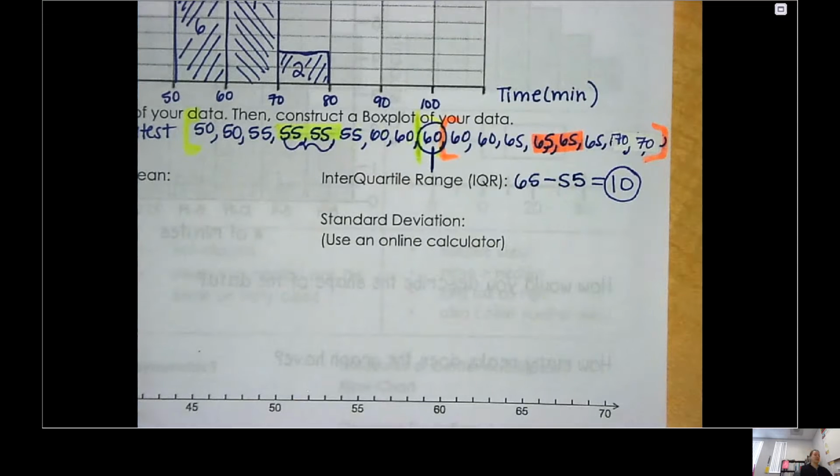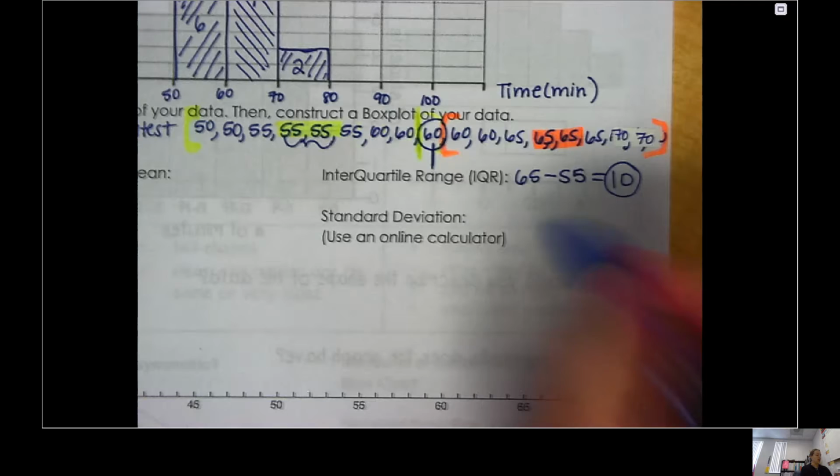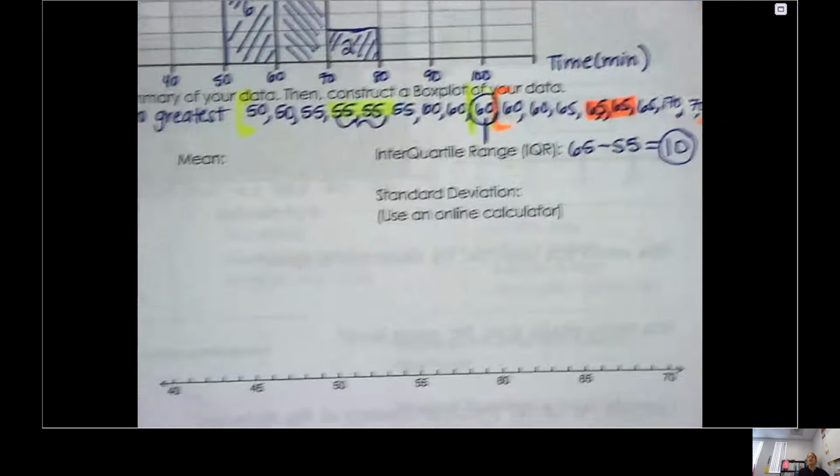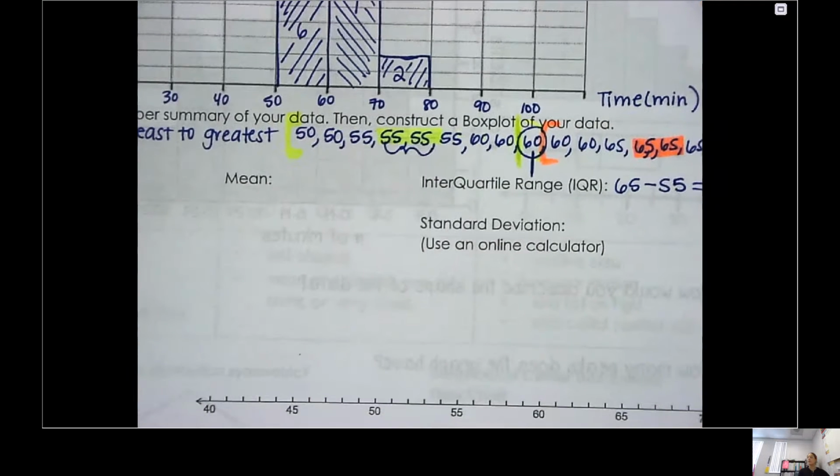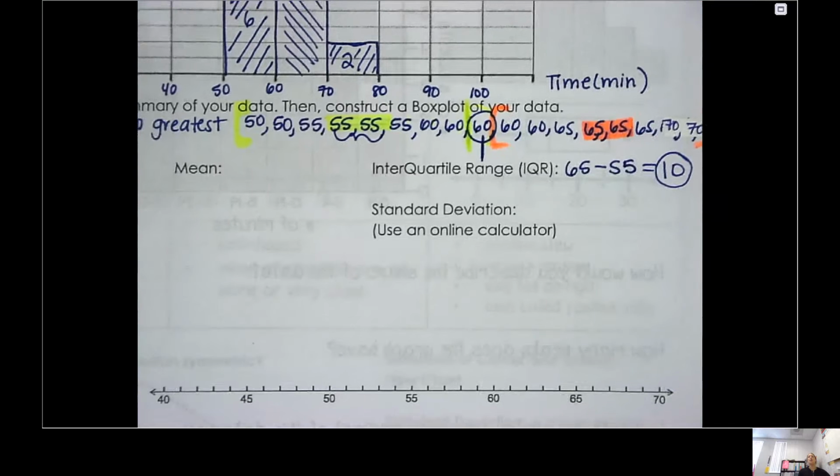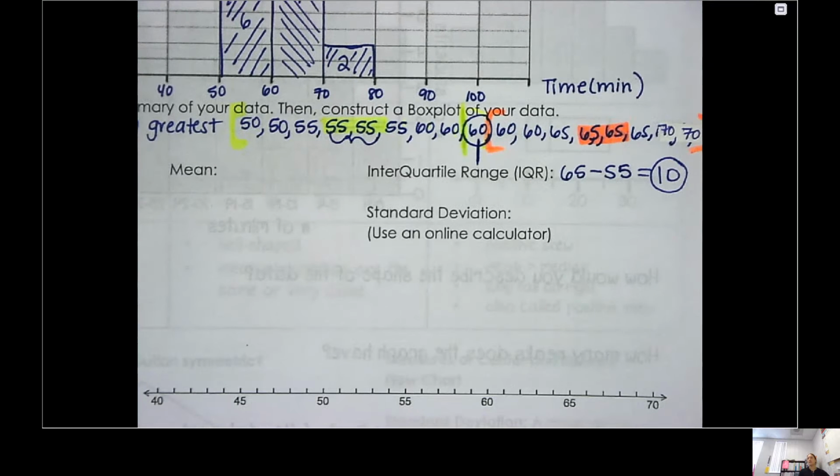We're going to skip standard deviation. We'll do that another time because that's an online one. But now the last part we're going to do: what does mean mean? It's the average of your numbers. Good.